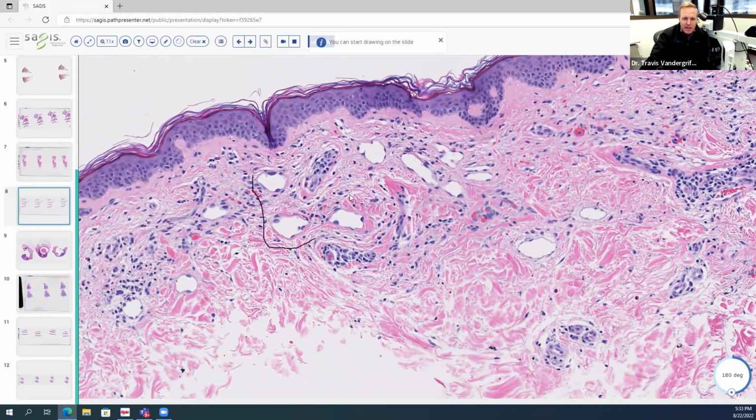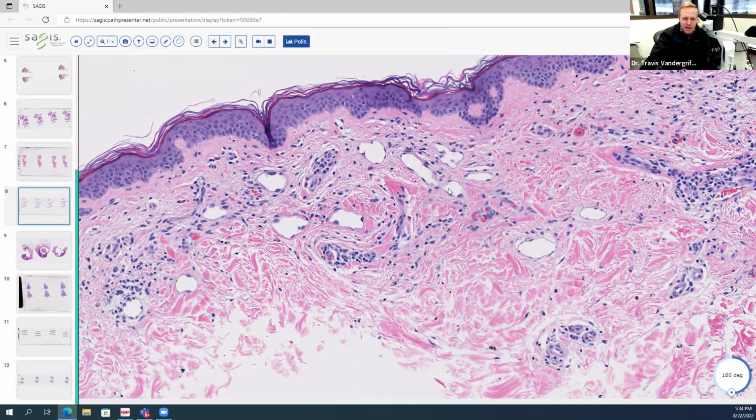And also the luminal space is dilated. It's bigger than what would be typically expected for just a normal dermal capillary. So I know we're dealing with a vascular neoplasm because we have increased numbers of vessels and their caliber or their size is not normal for this superficial part of the dermis.